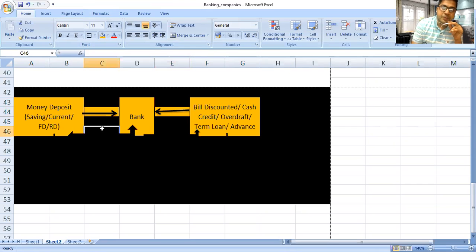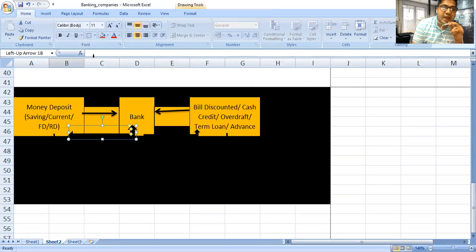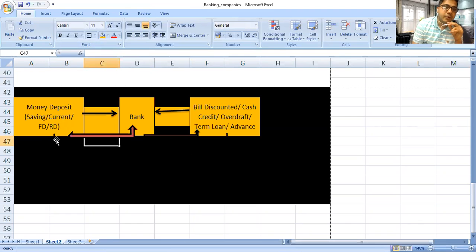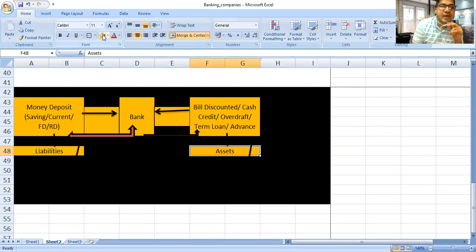This is an important activity of the bank, and from these important activities, we can say which activity generates liability and which generates assets, that is what we are going to talk about.